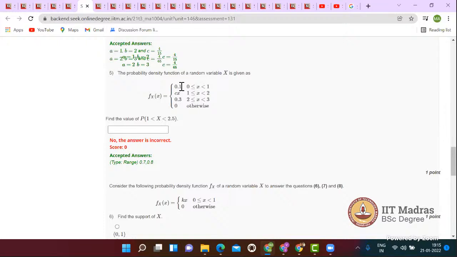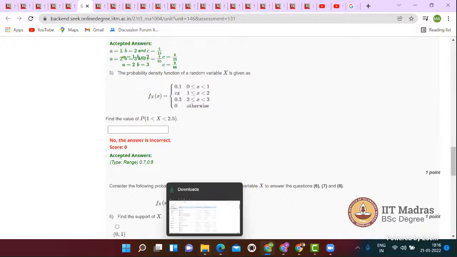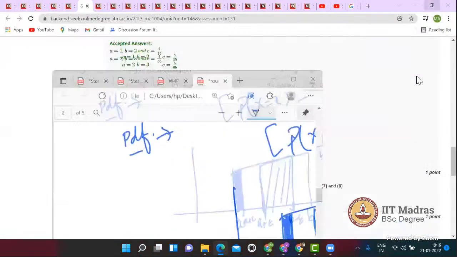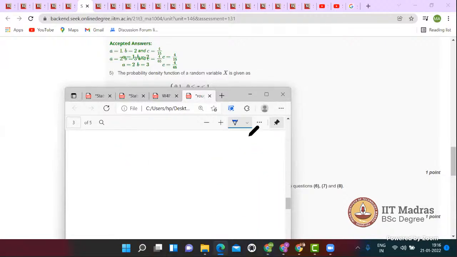Just do the integration. Your function is 0.1 from 0 to 1, right? Your function is cx from 1 to 2. So do the integration here.